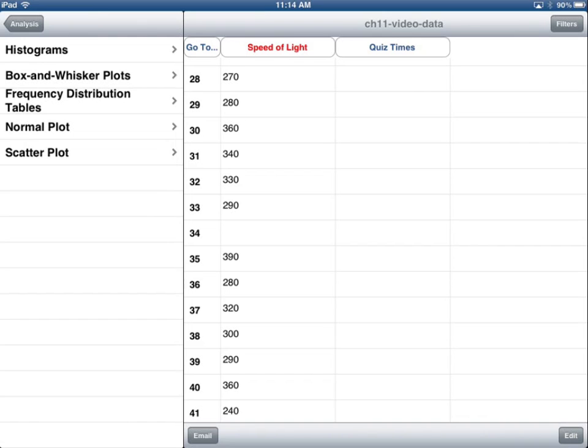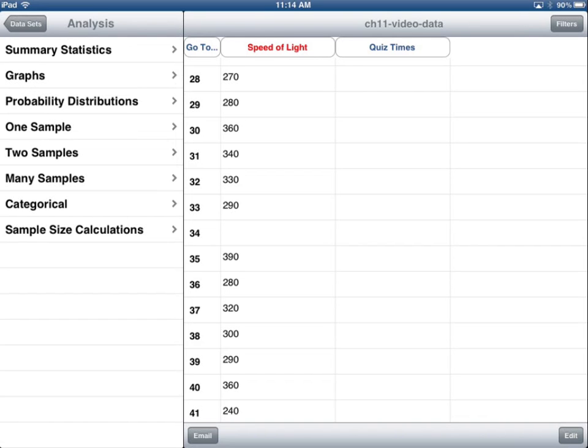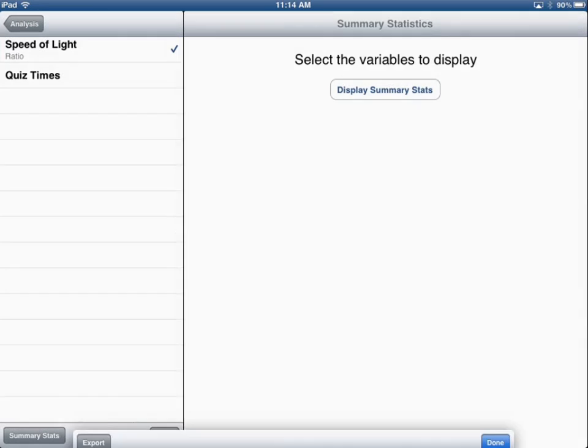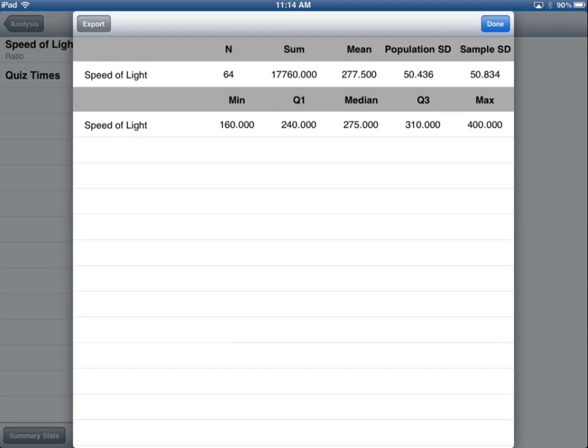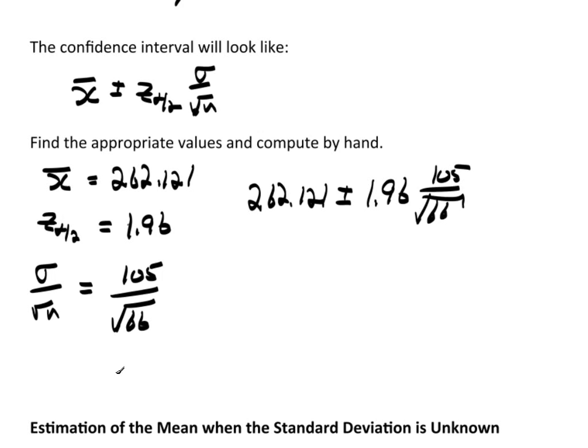So I really need to go back and do those summary statistics again and redo this with the new mean and sample size. I said new, but in reality it's the proper: 277.5 plus or minus 1.96 times 105 over the square root of 64.